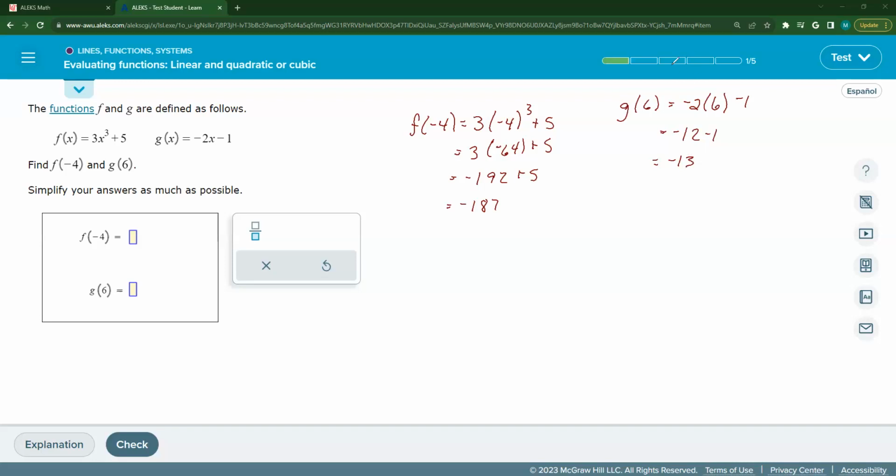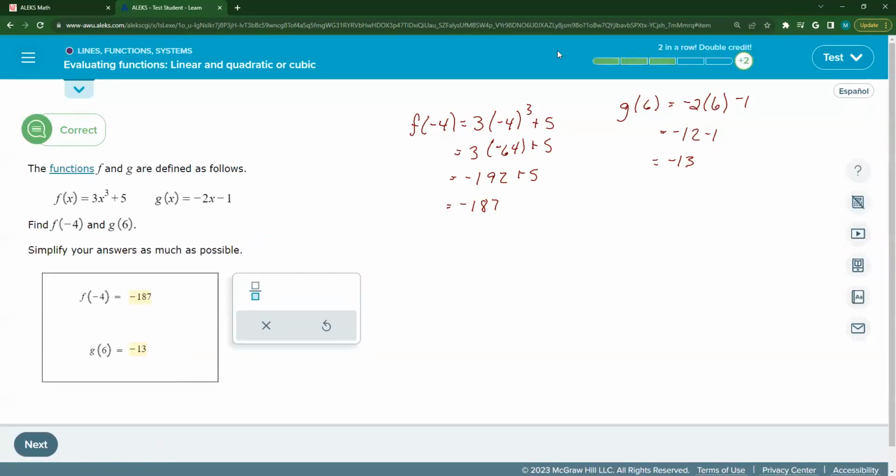We're going to type those answers in, and hopefully my arithmetic is correct. Negatives and me don't generally get along too great, but we're going to hope.